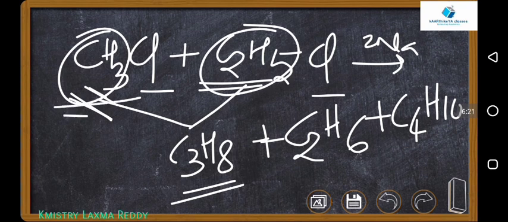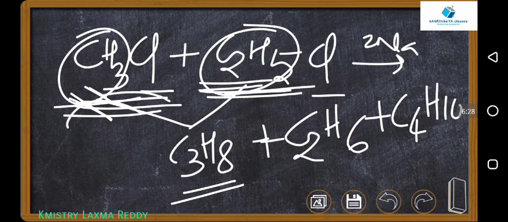You are not taking one molecule; you are taking some amount of methyl chloride which contains a huge number of molecules. So some methyl chlorides will join with some ethyl chlorides, that means methyl will join with ethyl to form propane. Two methyls will give you ethane, two ethyls will give you butane. This follows, generally, according to our studies. We can say this is a free radical mechanism. We'll discuss this free radical mechanism in advanced alkanes. As this is the basic part, you just remember it like this.